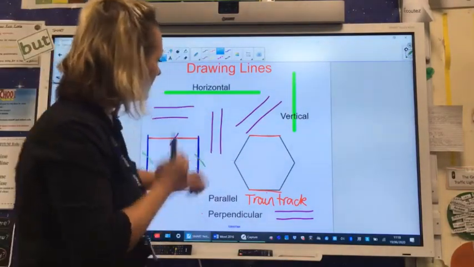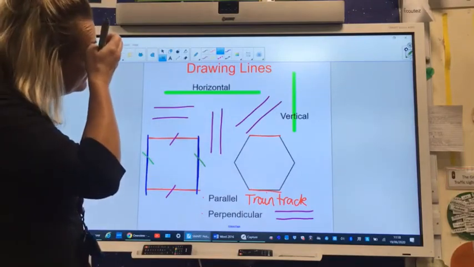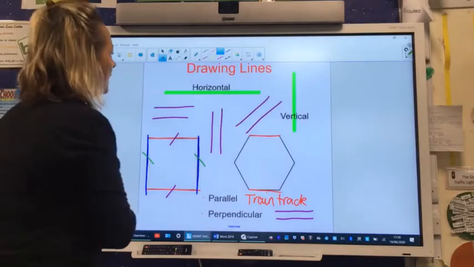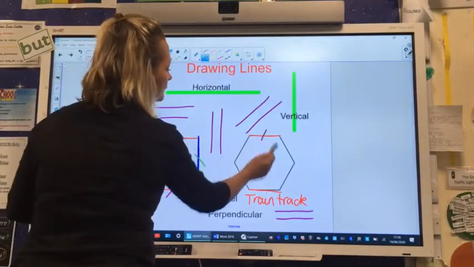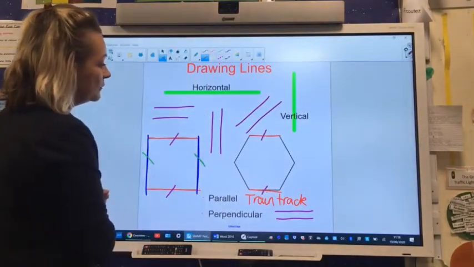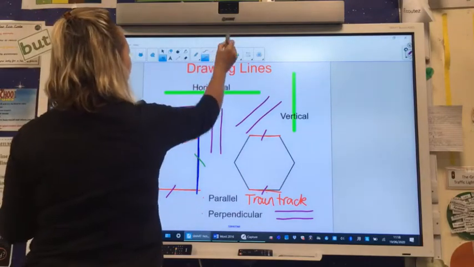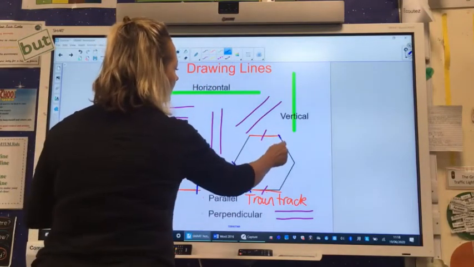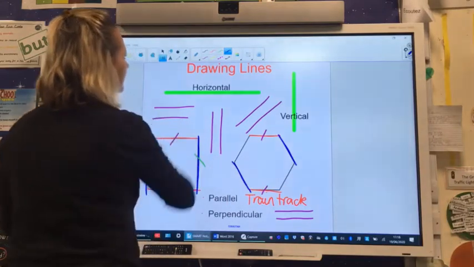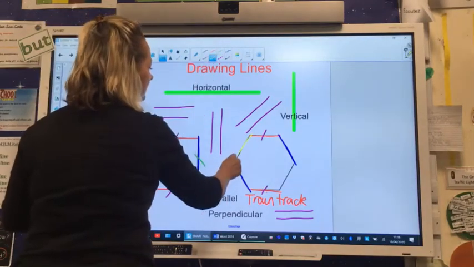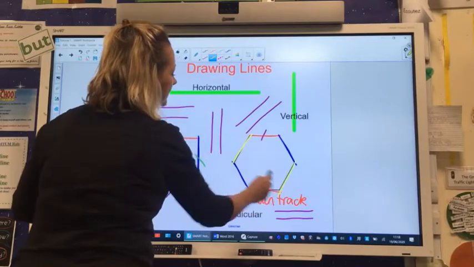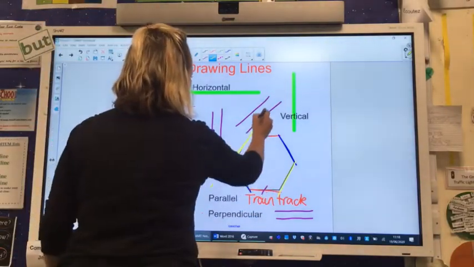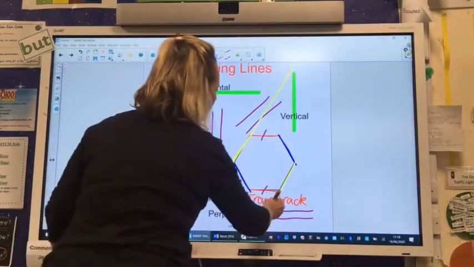What about this one? How many sets of parallel lines can you see? We can see the horizontal ones are parallel. What about the others? What about if I help a little bit by drawing some colours in? Can you see that the 2 yellow lines, if I continue them going, they are like my train tracks.